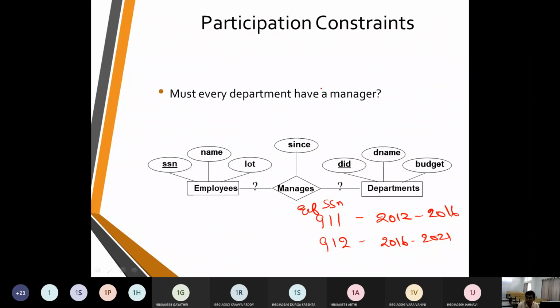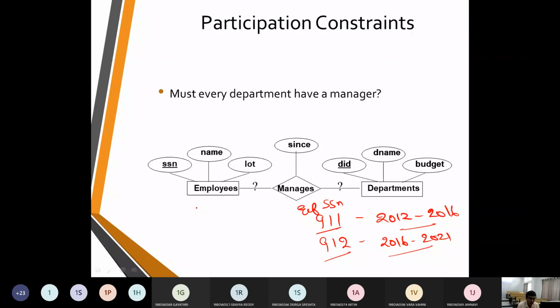So, he has been participating. That is 2012 to 2016, and another one was 2016 to 2021.